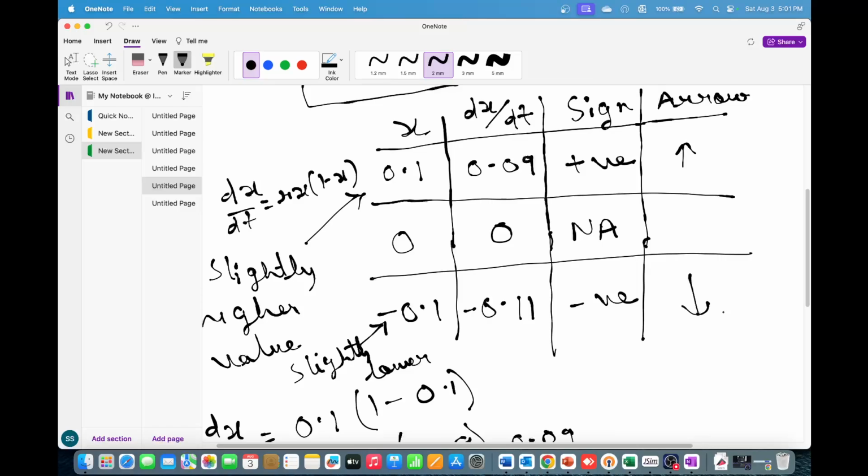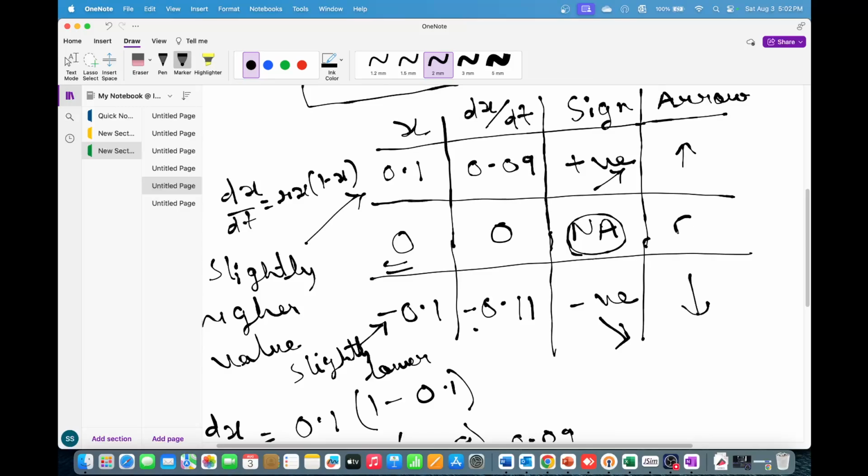So what this means is, your 0 is your steady state, and a value slightly above that steady state is giving you a positive slope, meaning the system is moving away from the steady state. The other point, slightly lower than the steady state, gives a negative slope, so it is moving away in the opposite direction.